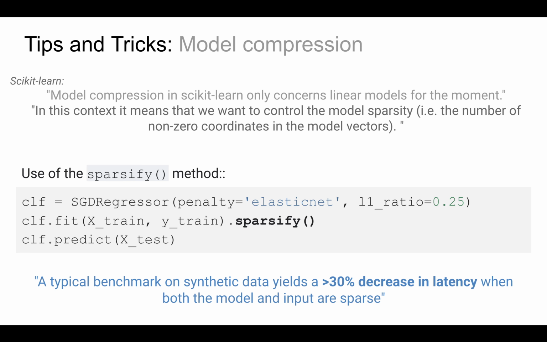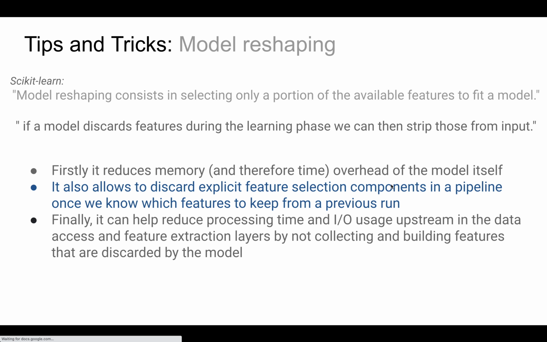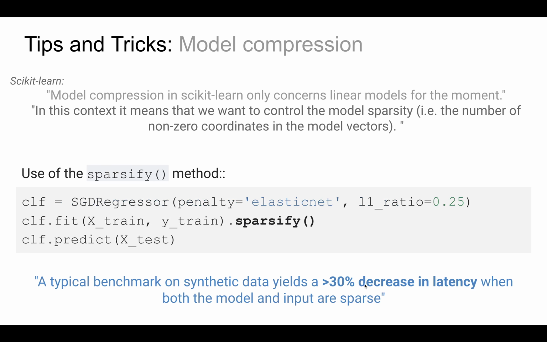That's what this is about, model compression. And before moving on, I just want to mention that this particular step can yield a 30% decrease in latency. So a 30% speed up of the process.